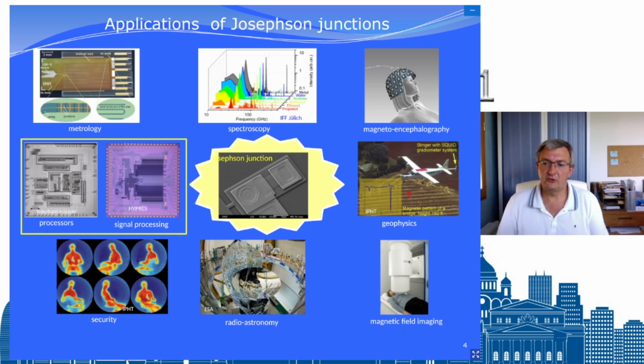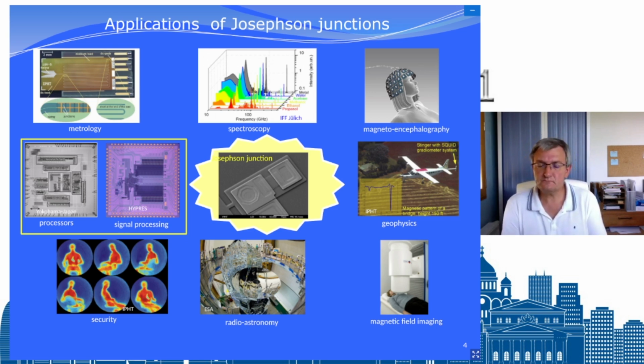Rocks underground, so you can do that with Josephson junction devices embarked in a plane. Here it's a squid. The Josephson junctions are in this dewar here at the back of the plane. You can also use it for spectroscopy, because as I said, its characteristic frequency is typically 700 gigahertz.